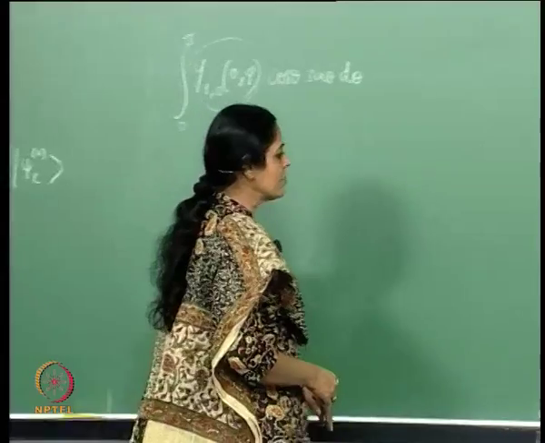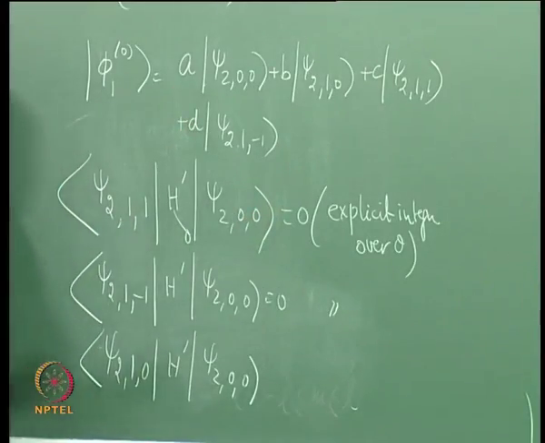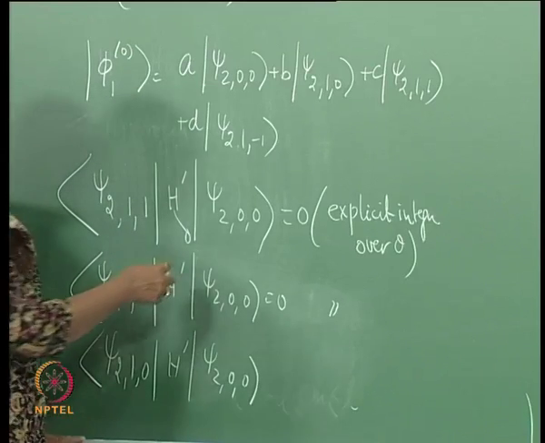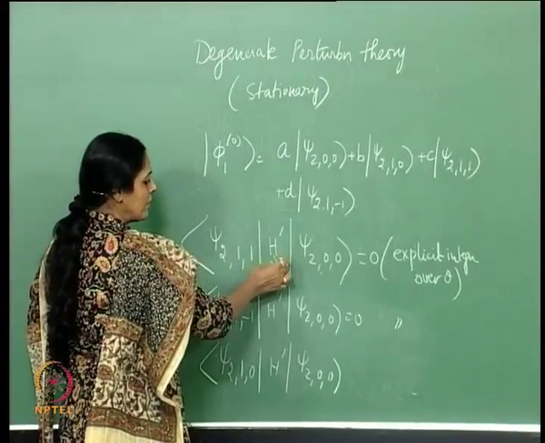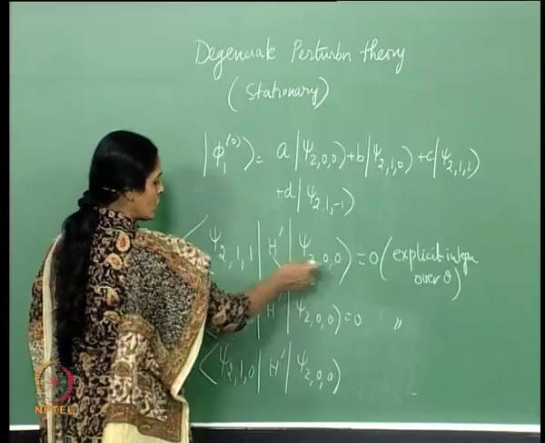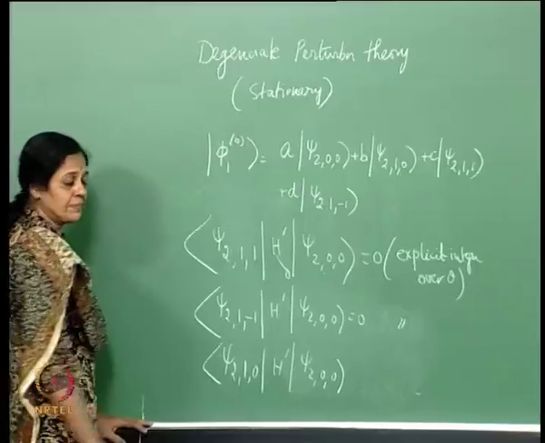So the only terms that would make non-zero contributions in a superposition like this would come from matrix elements of H' with the state ψ200 here and ψ210 there, or vice versa.